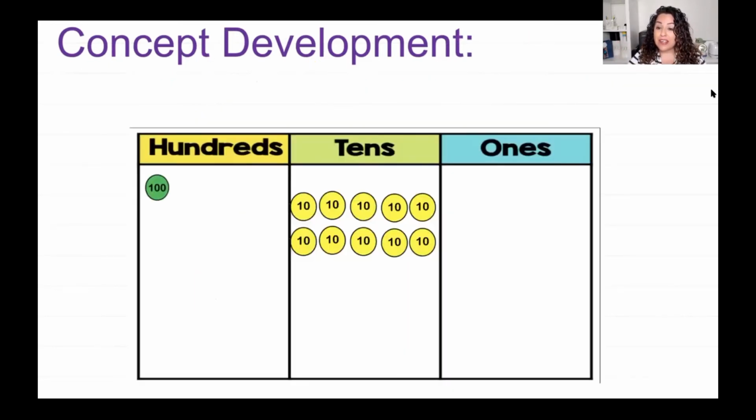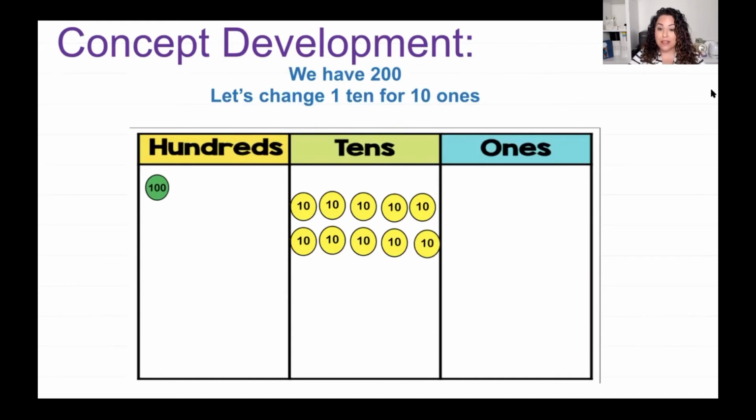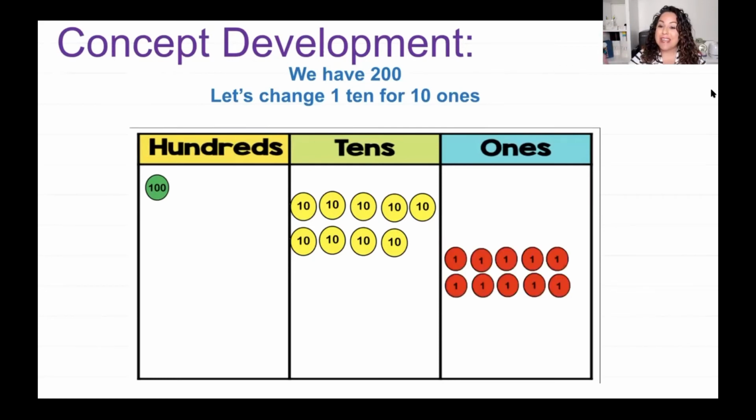Okay, let's look at our chart that we had. We have 1 hundred and 10 tens. So what if I changed 1 ten for 10 ones? Okay, there goes my 10, and oh, there's my 10 ones. So I have my 10 ones, and what is the value of this?